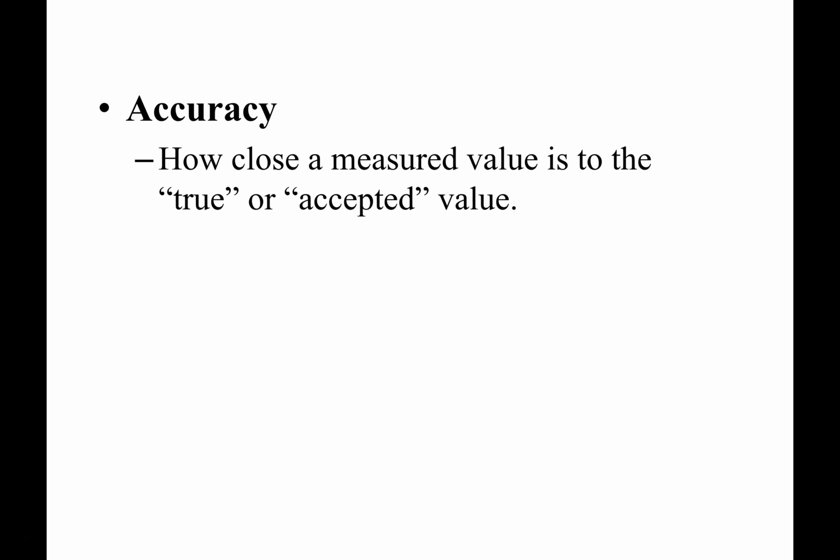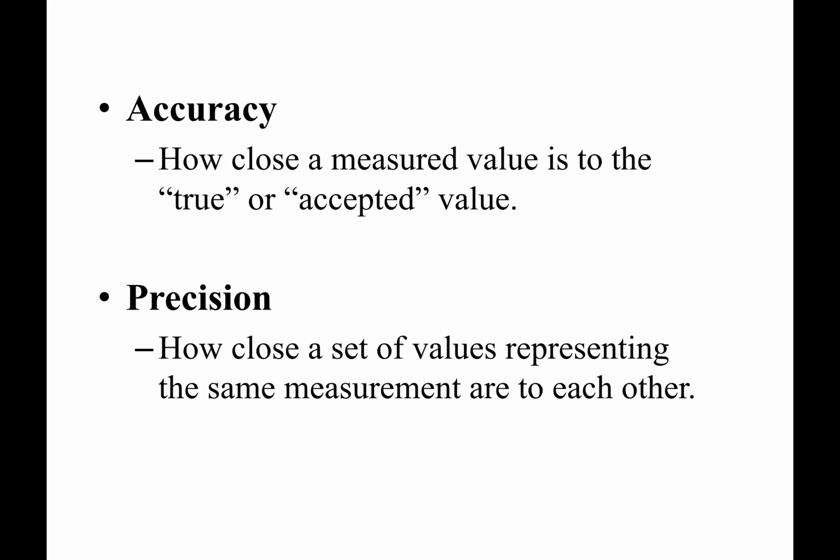In evaluating things and sharing information, we need to be as accurate and as precise as possible. Accurate implies that I know what the true value is and how close I am.